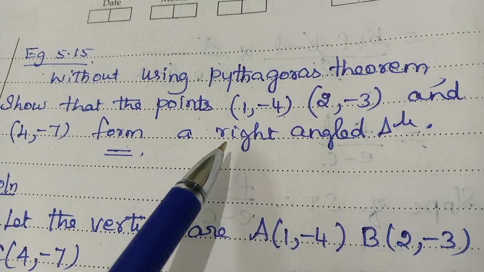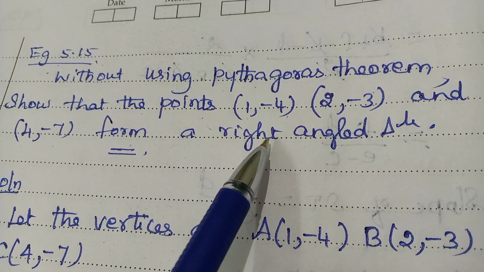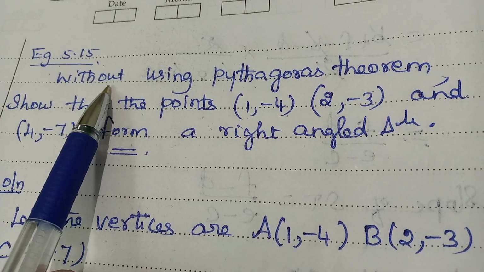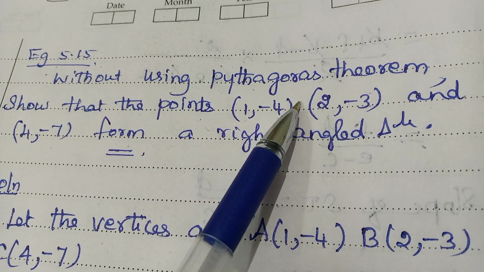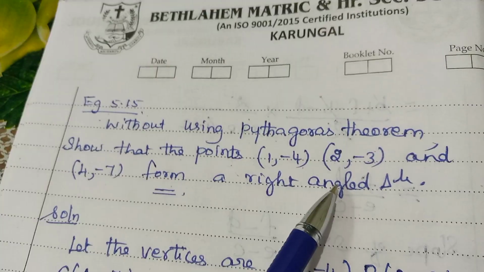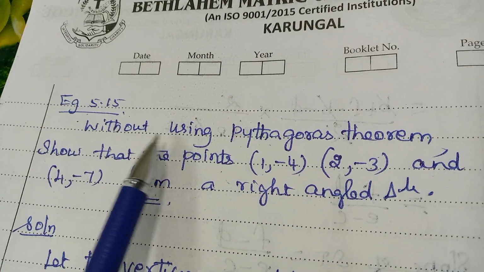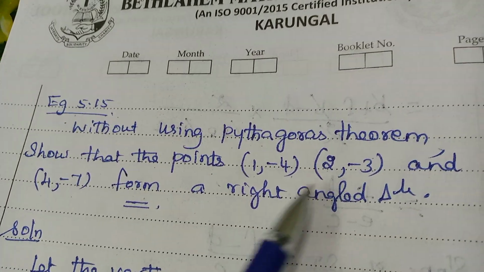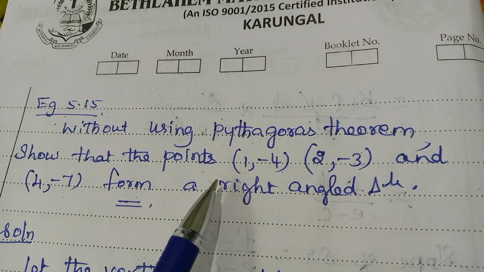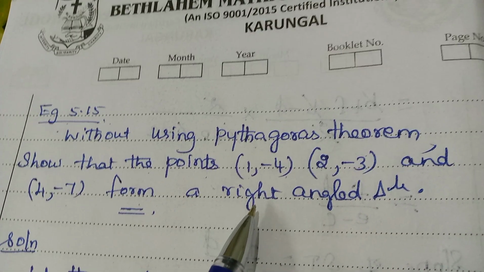In the same way, a right-angle triangle also has 3 sides. Usually right angle triangle means at once we will use the Pythagoras theorem, but here they asked without using Pythagoras theorem. So here what can we do? Using the concept of slope we can find the answer, isn't it?